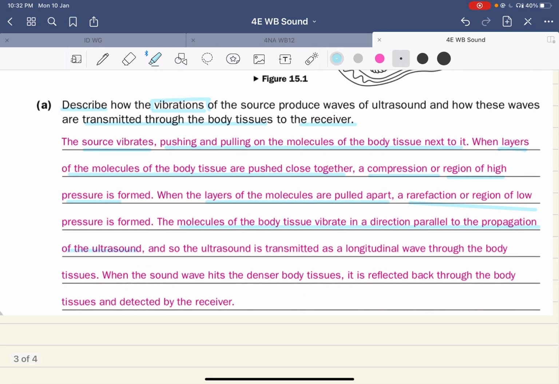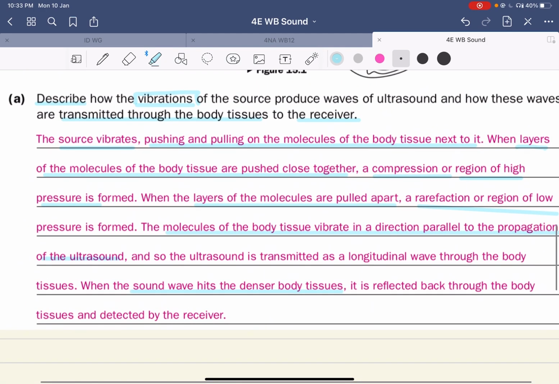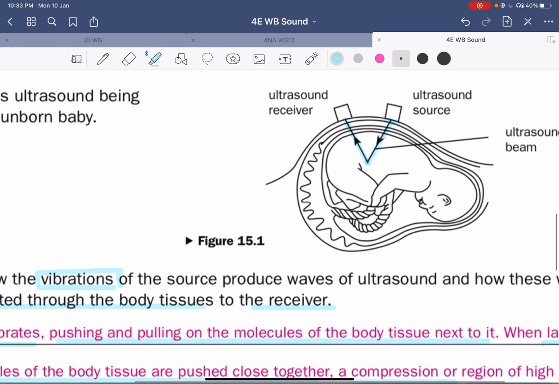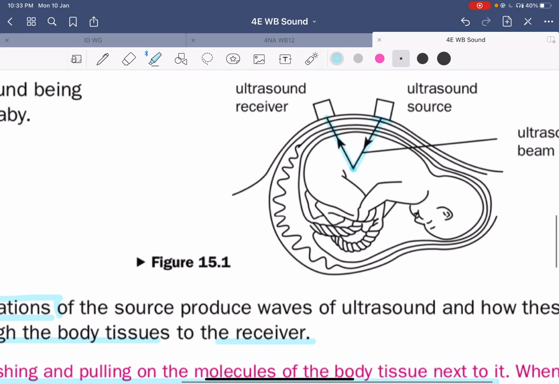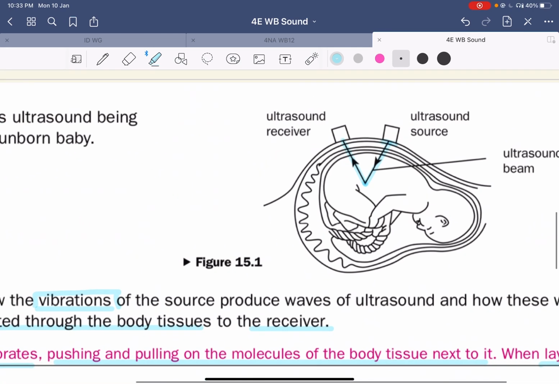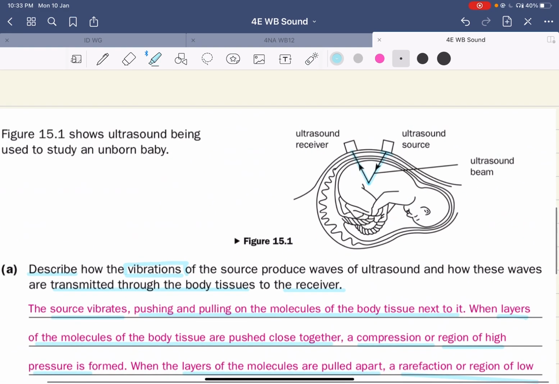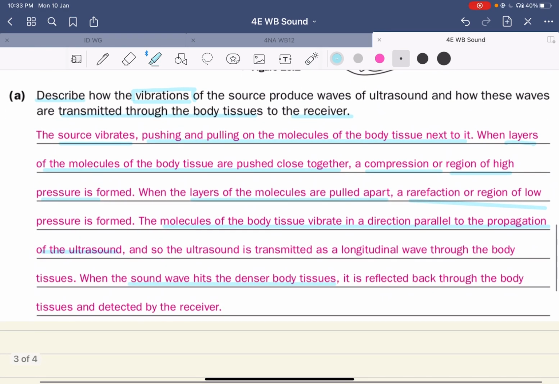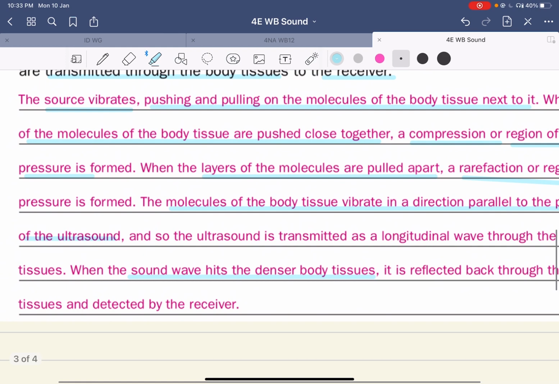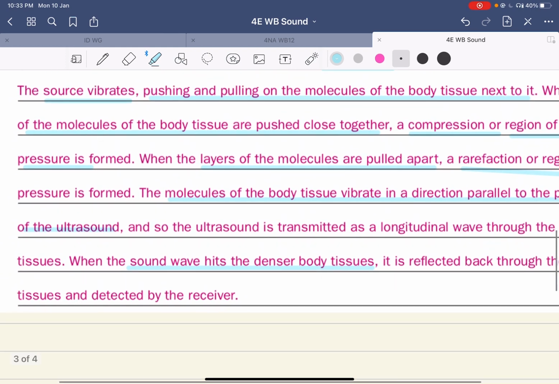Then when the sound wave hits the denser body tissues, meaning the bones typically, because the other layers of the body tissues like fat, water and muscle are less dense, muscles are a little bit denser, but bones are the most dense.